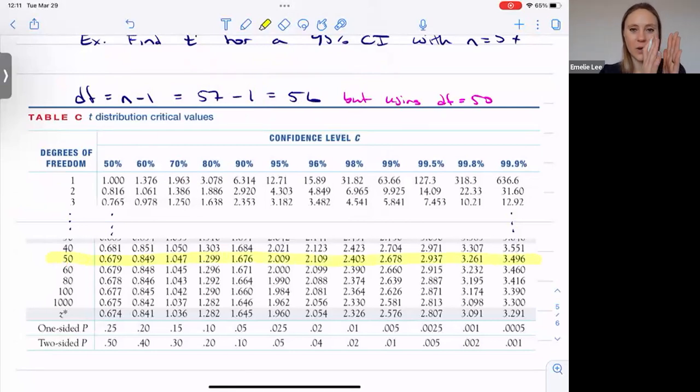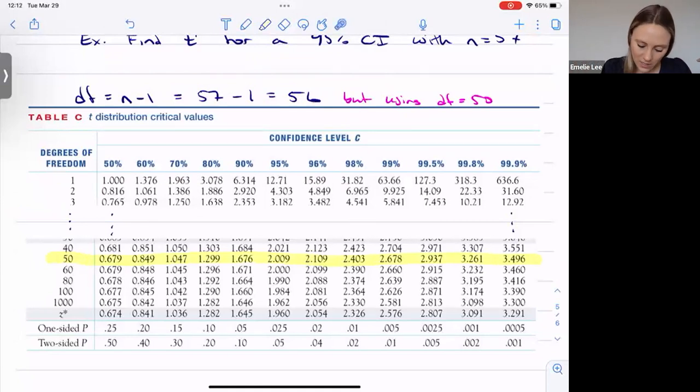I'm moving out as I increase my t's. Of course, it behaves the exact same way that the z distribution works, but now we've got just a little bit more area in the tails, but that's the only difference.